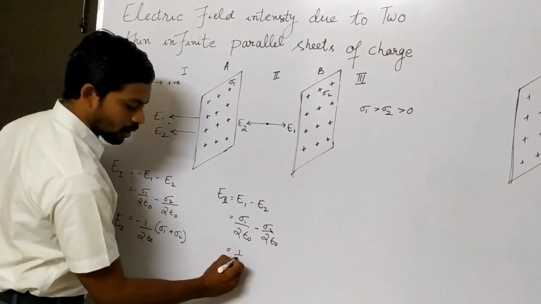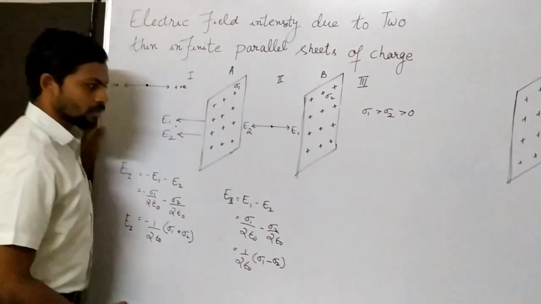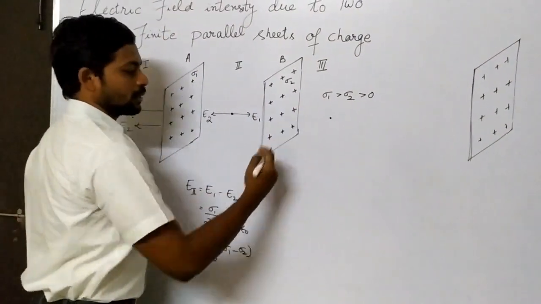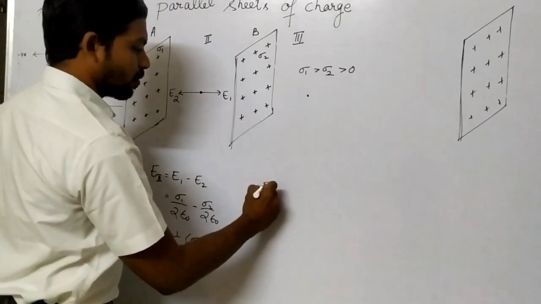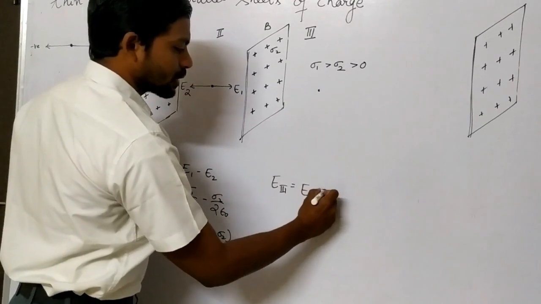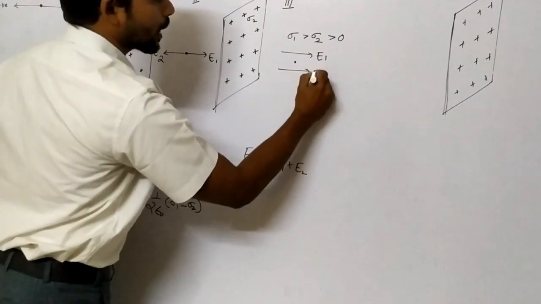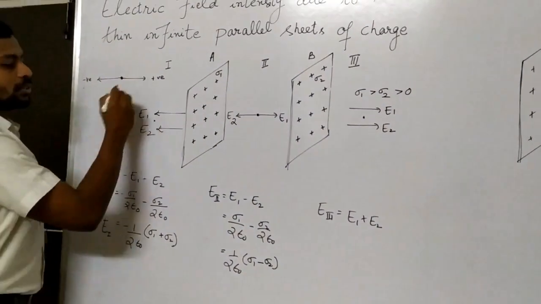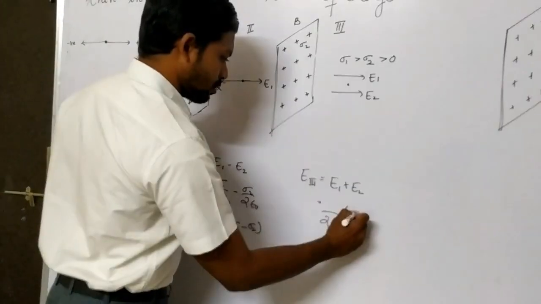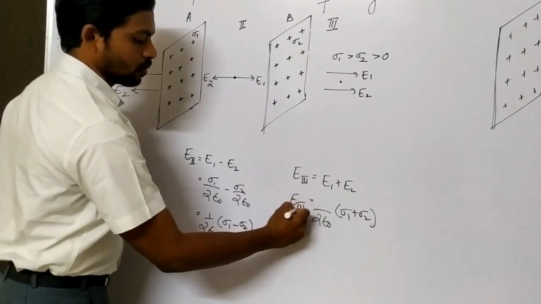So it is 1 by 2 epsilon naught times sigma 1 minus sigma 2. If we consider the electric field intensity at a point outside, in region 3, it will be E1 plus E2, because both E1 and E2 are acting in this direction, which is positive. So this is the resultant value.